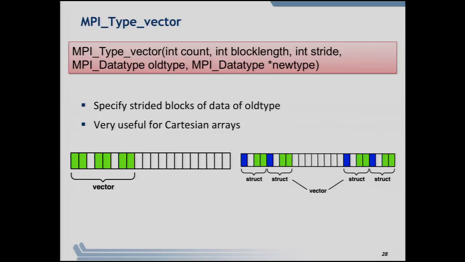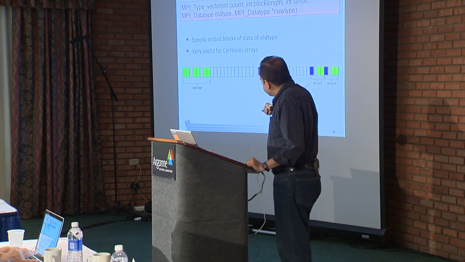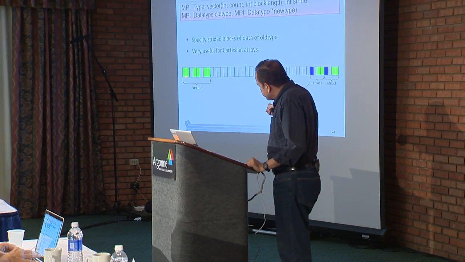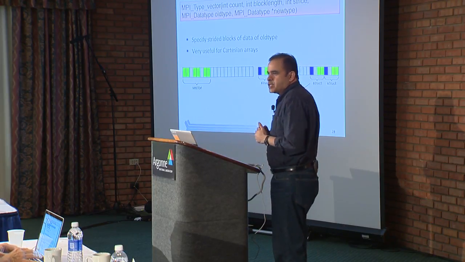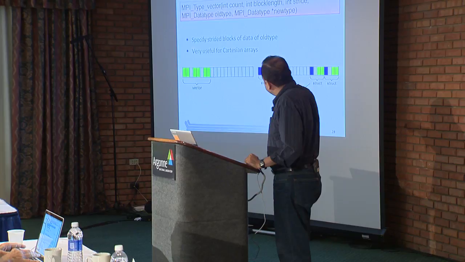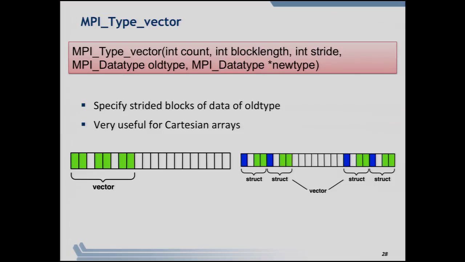The next one in the list of types is a vector type, and the vector means you have a constant or uniform stride between these blocks of data that you need to send. So for example, if you want to send something like this, which has a nice stride of 3 elements between the blocks that you want to send, and each of these blocks is of size 2 elements, this can be expressed as a vector type. So the way you construct it is you call MPI type vector.